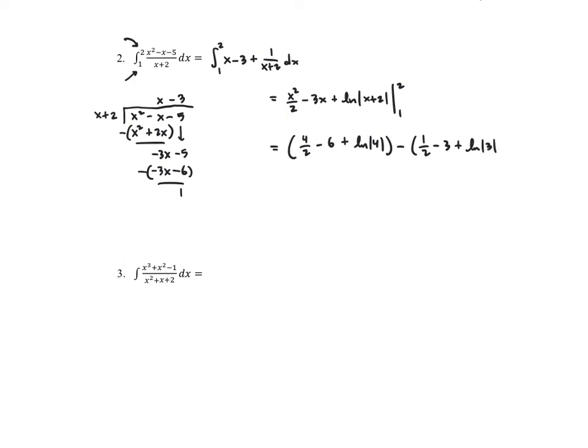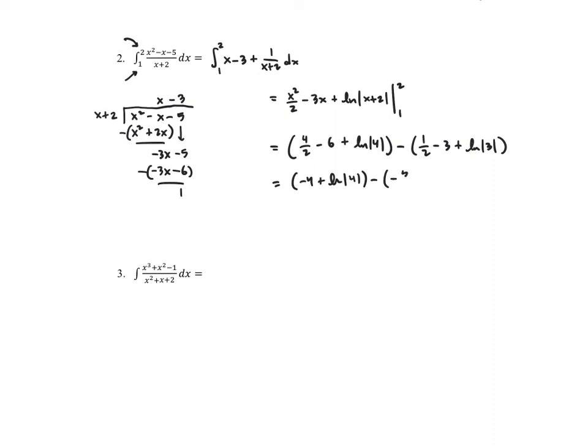And we can kind of squeeze things together here, make it a little bit cleaner. This would be negative 4 plus ln of 4 minus, what would that be?